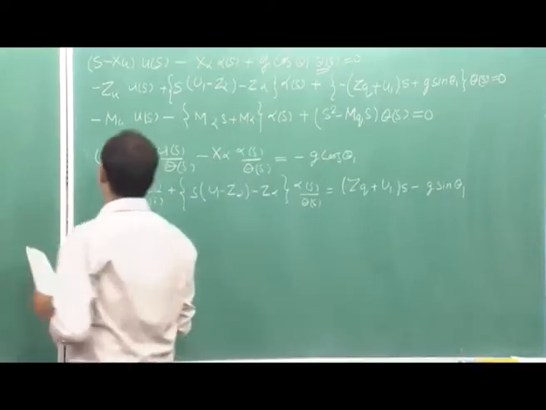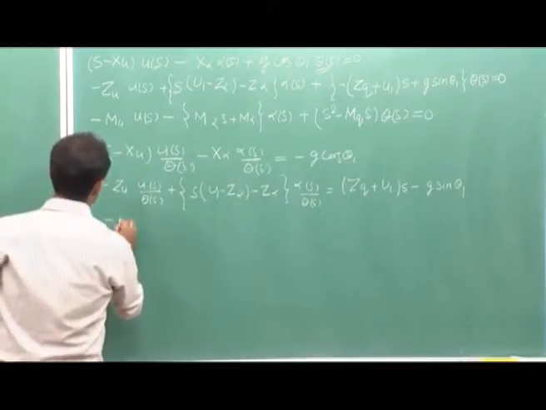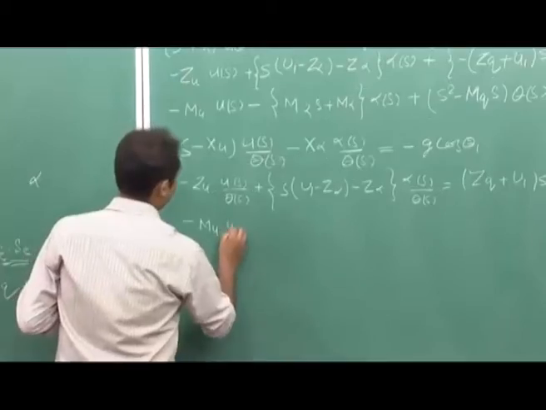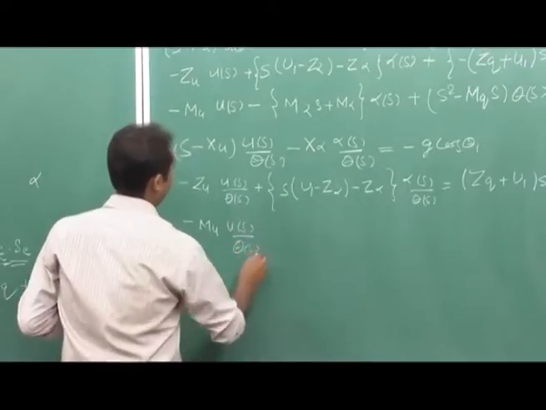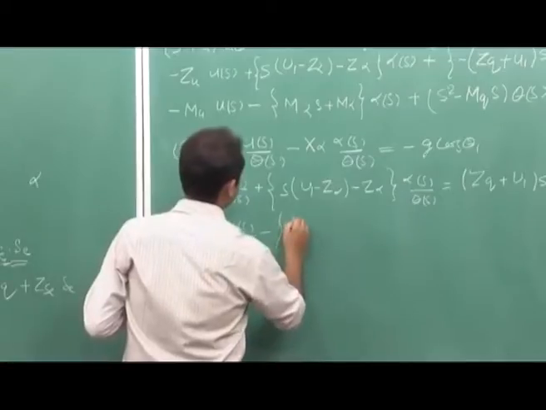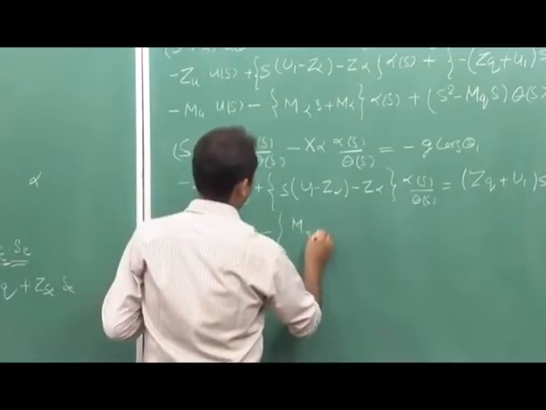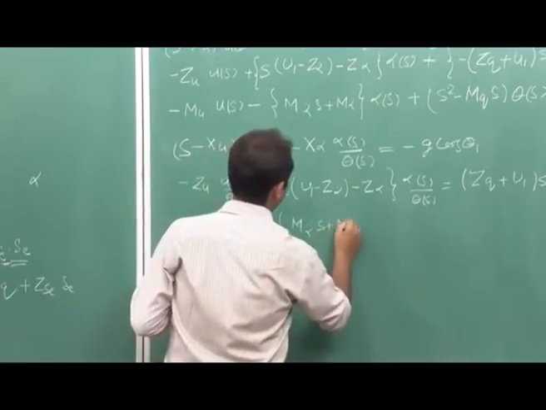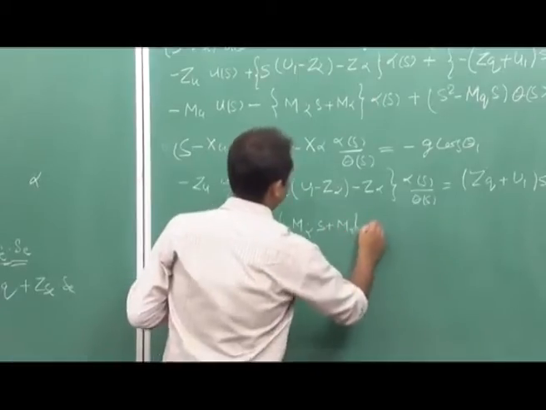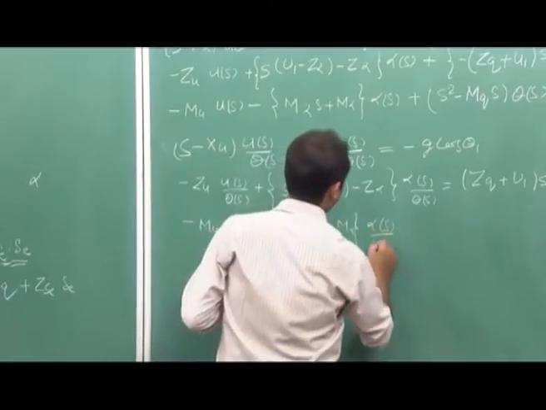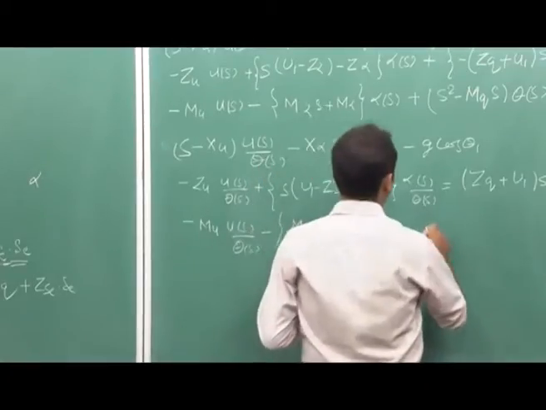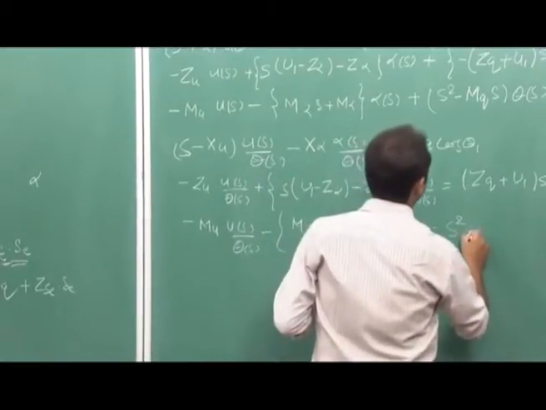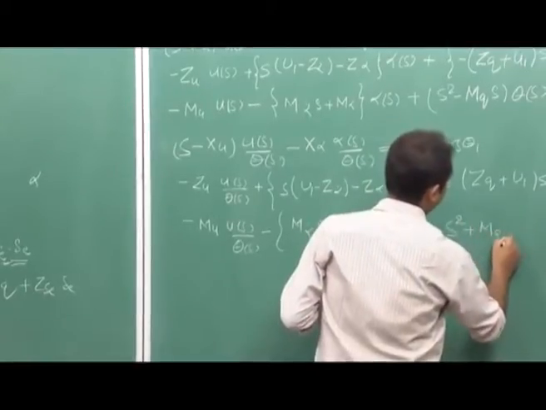And the third equation will be minus m u, U of s upon theta of s, minus of m alpha dot s plus m alpha, alpha of s by theta of s, equals minus s square plus m q s.